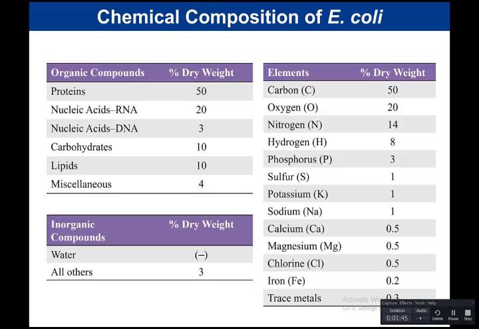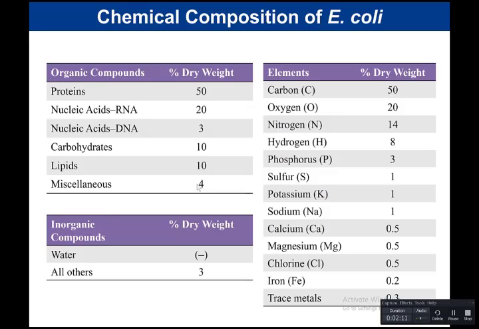So if we look at these different chemical compositions of a cell, if we look at the organic compounds in the cell, about 50% of the dry weight of organic compounds would be proteins, 20% would be RNA, 3% would be DNA, 10% would be carbohydrates, 10% would be lipids, and then 4% would be miscellaneous.